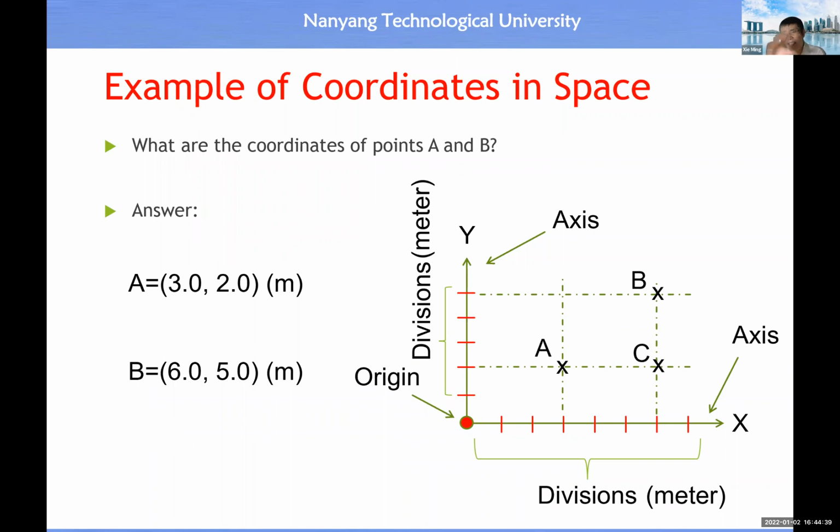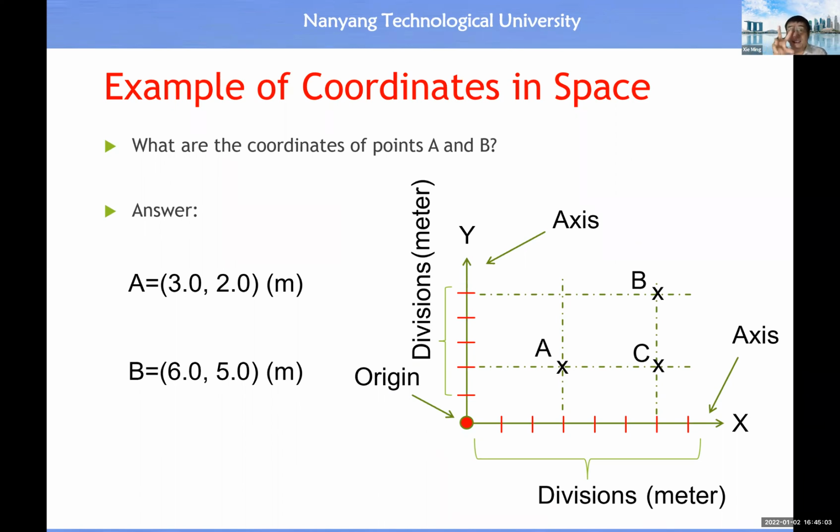Then in the two-dimensional space, for example, we have two references, or two axes, and their origins are superimposed together. In this case, we must have two distances: the distance to the origin along the horizontal axis, and the distance to the origin along the vertical axis.